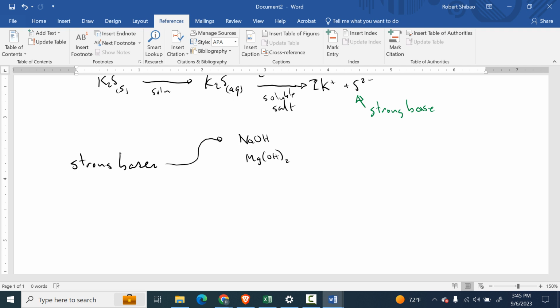Is that correct? No. Sodium hydroxide is strong, but MgOH2 is not a strong base. It's a weak base. So not all hydroxides are strong. Tell me what hydroxides are strong.